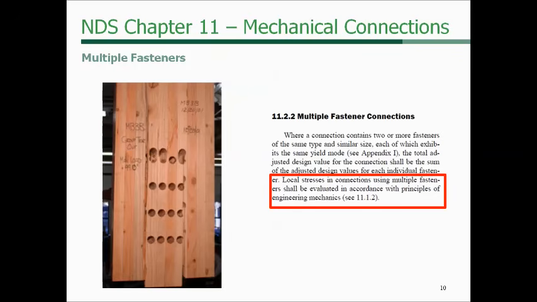And there are other parts of the NDS as well. I think chapter 2 or 3 says you've got to account for net section where you're taking out any part of the cross section of the member with bolt holes or things like that. So there are a couple of different places that call that out. This just gives us one approach that designers can use as a way to evaluate that.